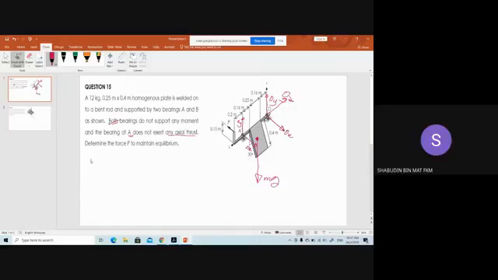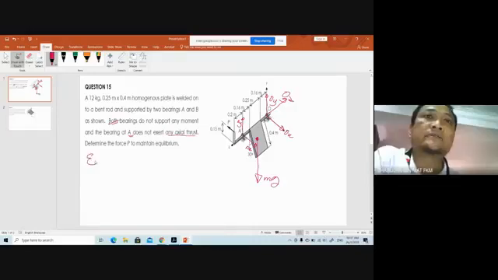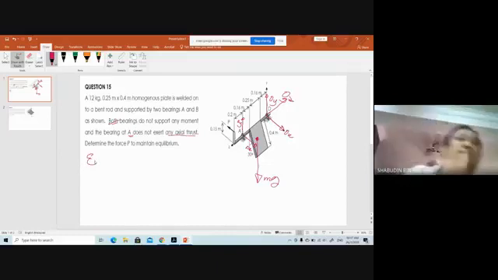So taking force, summation of force equal to 0: all in X is 0, all in Y is 0, all in Z is 0.